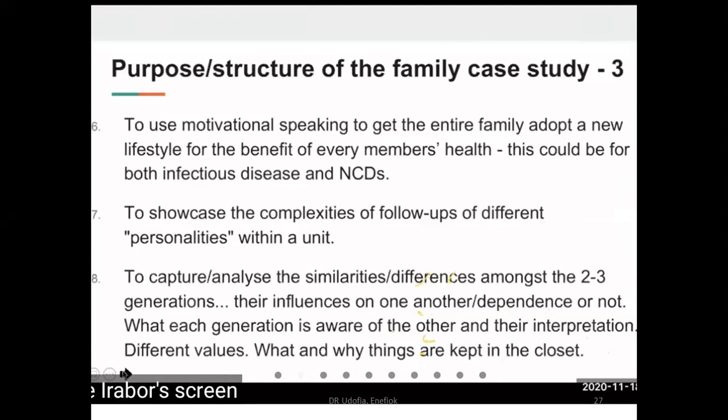The influence on one another, dependence or not. So what each generation is aware of in another, and the interpretation of different issues, different values. What and why these are kept in the closet. You must be able to explain that to them.